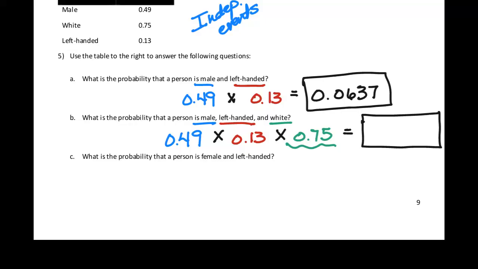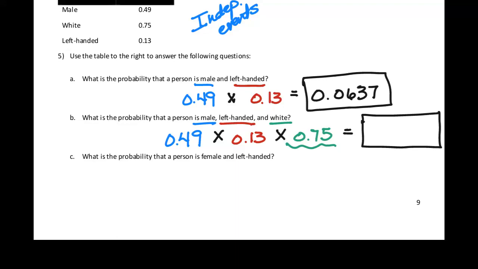0.75 is less than 1. So does that mean my answer is going to be smaller than the answer above, equal to the answer above, or larger? Should be smaller, yeah. If this was 1, it would be the same. If it was a higher number than 1, it would be bigger.